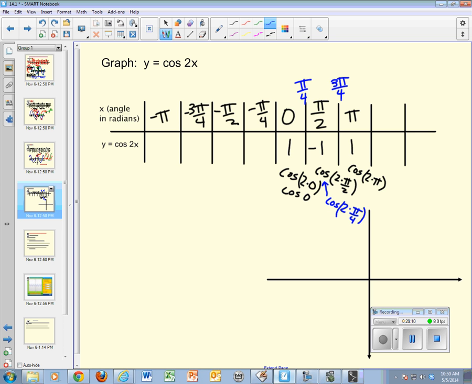So find pi over 2, and the cosine of pi over 2, the x-coordinate at pi over 2, is 0. So that's what we were looking for, that 0, that x-intercept. Okay, so you keep going, you fill those in.